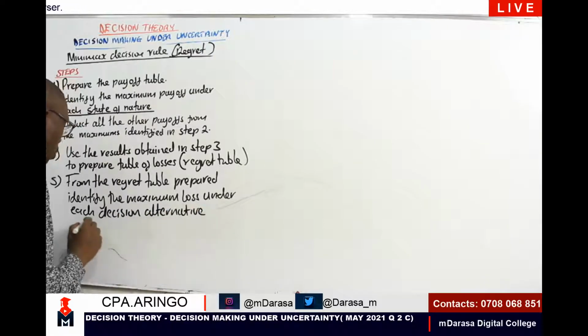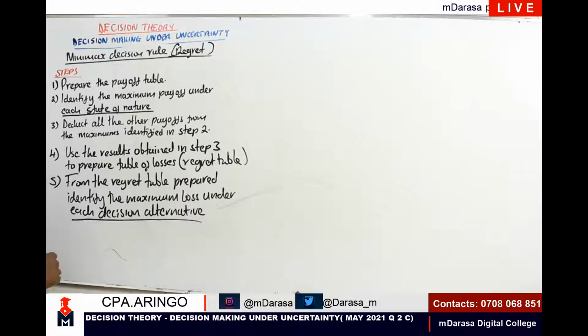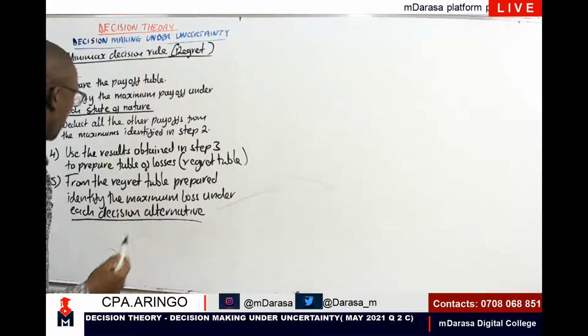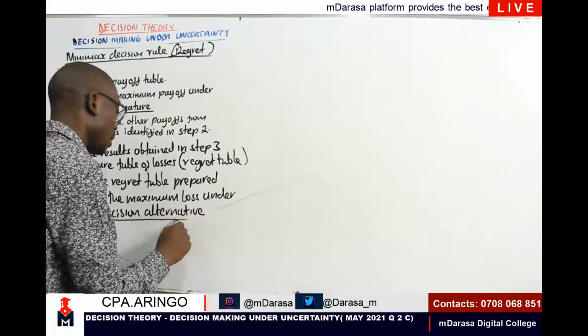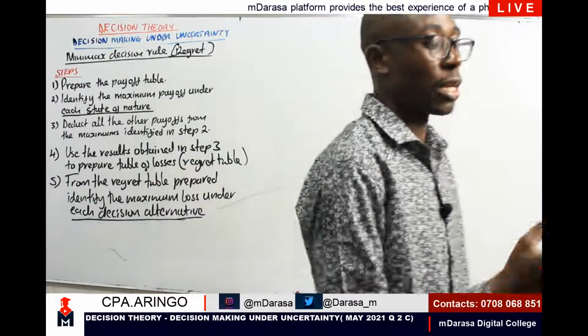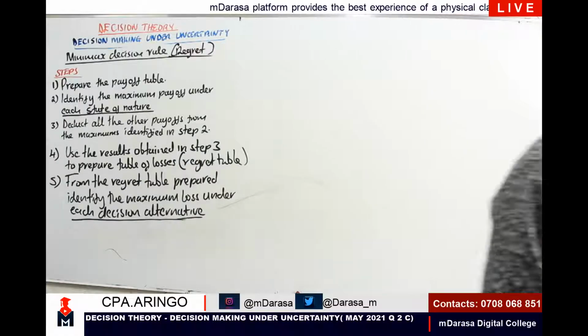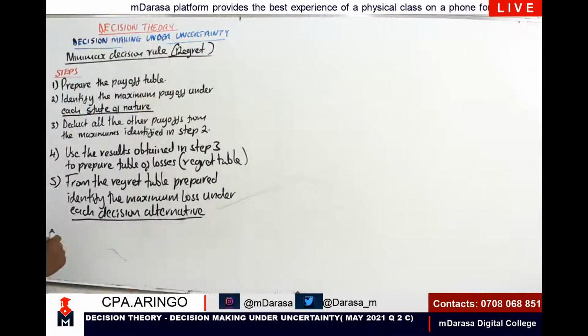If possible, underline that: under each decision alternative. From the regret table prepared, identify the maximum loss under each decision alternative. Then the last step that again you must have at the back of your mind is step number 6.